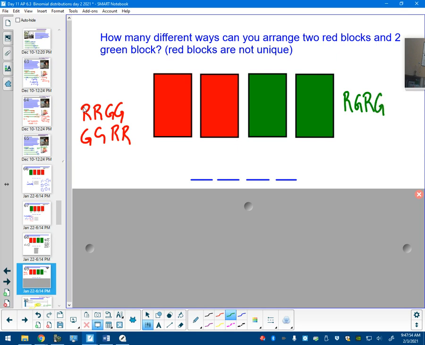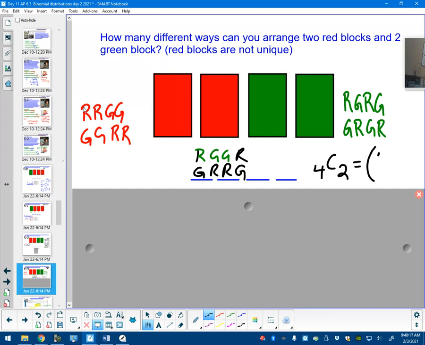Okay, which means I could do green, red, red. And what's the last 2? Red, green, red. Oh, that's pretty cool. All right, or I could do green, red, green. That would be 4, choose 2, which is 4 over 2, no fraction bar.